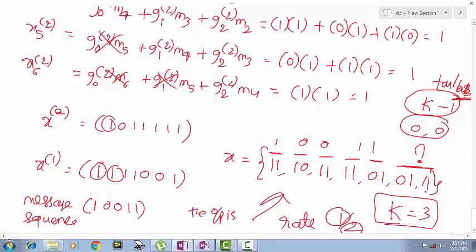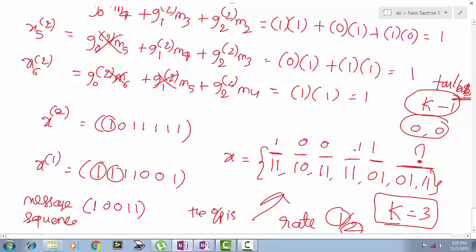So in this case we require 2 tail bits, which are nothing but zeros. So totally how many message bits now? 1 0 0 1 1 and 2 tail bits, so totally 7 bits. Considering the tail bits also, our message sequence is having 7 bits, so totally 14 bits at the output. That is the reason why we are having 14 output bits.